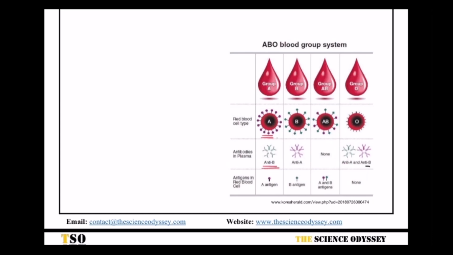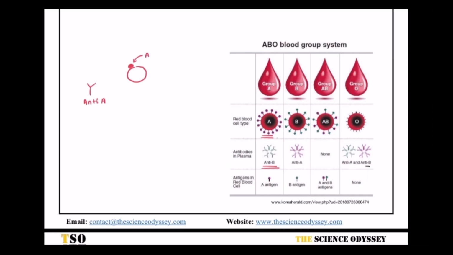If you think logically, anti-A cannot be present in a person of blood group A. Let's say this is the anti-A, and the person has the A antigen on its surface.